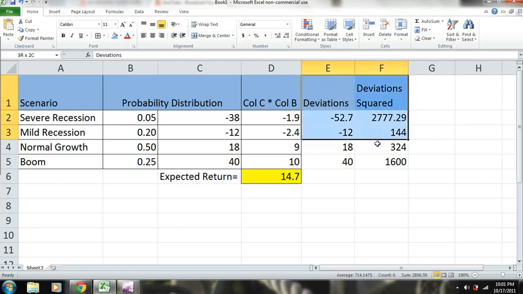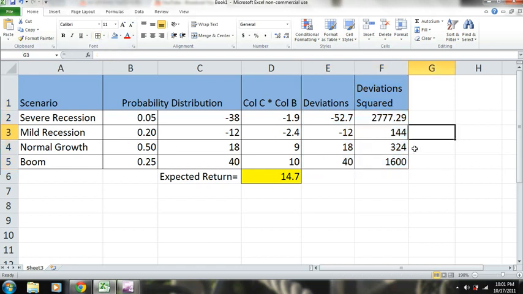We're still not done. First of all, we need to give us some borders. These deviations squared, we need to multiply them by their appropriate probabilities, because again, they do not have the same probability of occurring. There we go. So we've multiplied that.